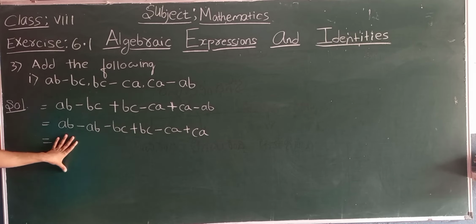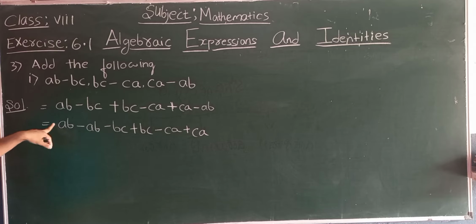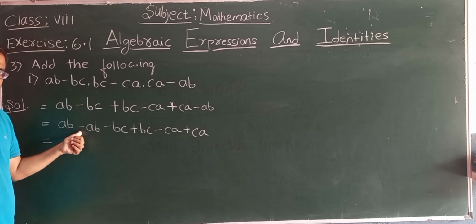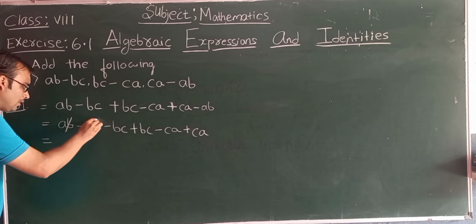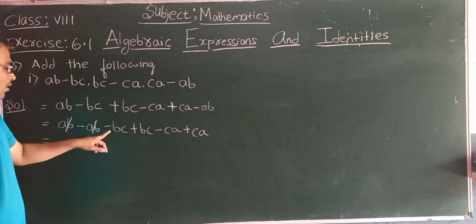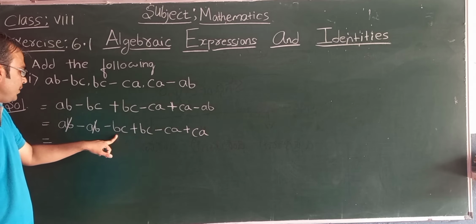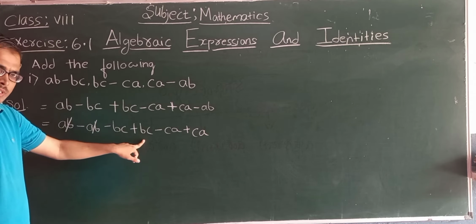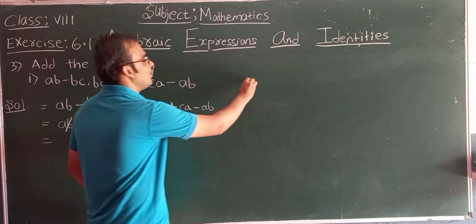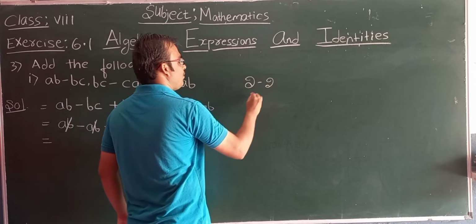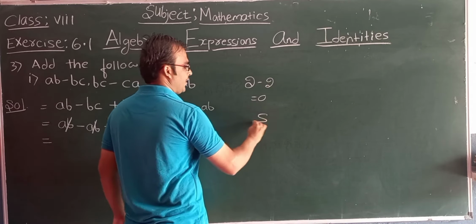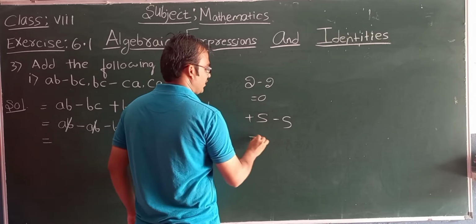Students, look at here. What is the next step? Plus AB, and here nothing is there, which means plus will be there. So plus AB minus AB gets cancelled. Now look here, minus BC and plus BC. Like plus 2 and minus 2 will become 0, and plus 5 and minus 5 will become 0.